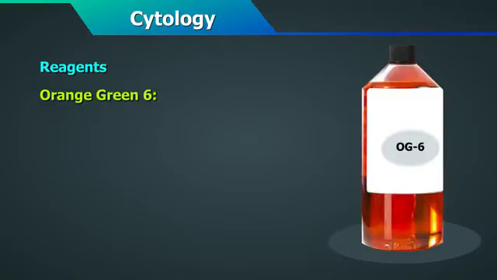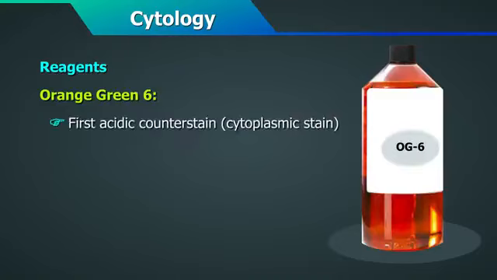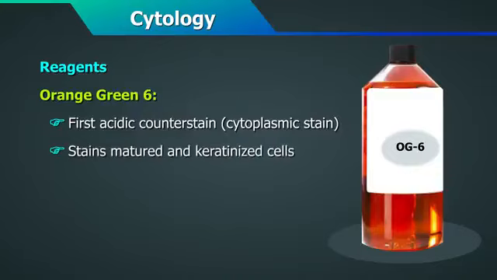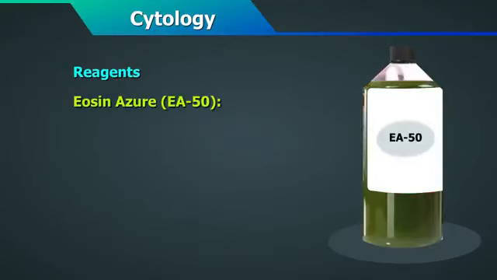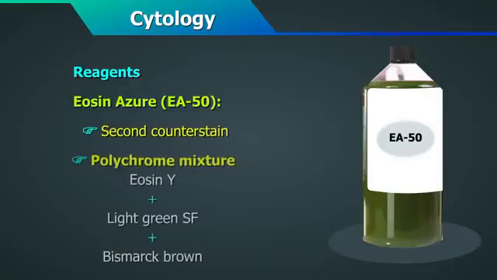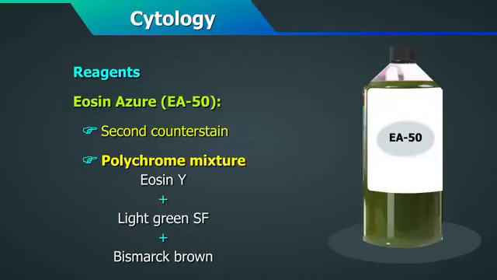Orange-green 6. This is the first acidic counterstain, a cytoplasmic stain, which stains matured and keratinized cells. The target structures are stained orange in different intensities. Eosin azure or EA50. This is the second counterstain, which is a polychrome mixture of eosin Y, light green SF, and Bismarck brown.